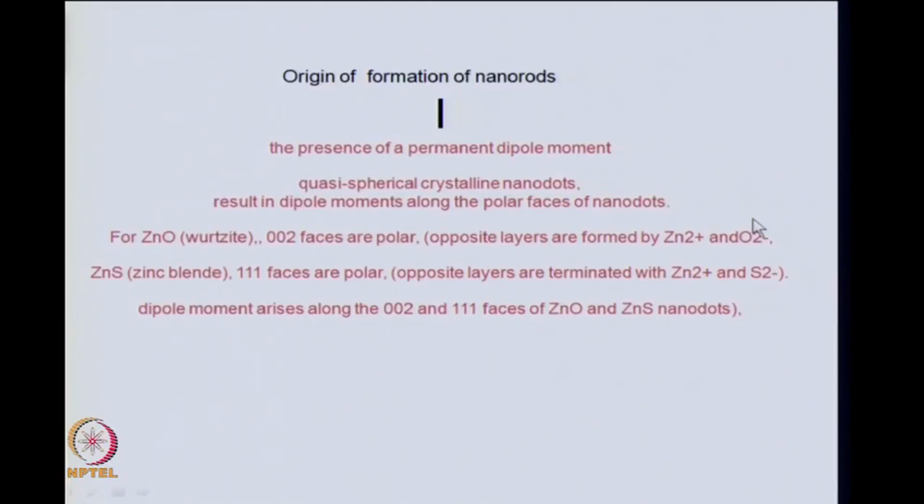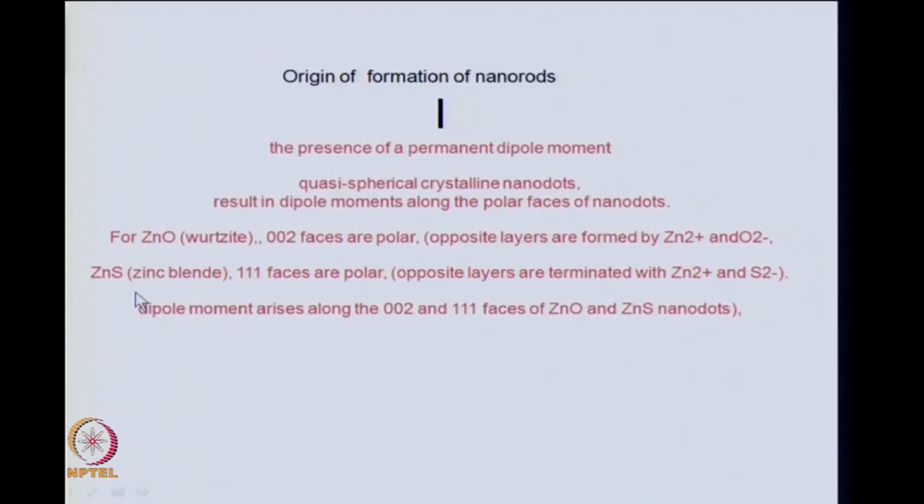Now, the next zinc 2 plus ion will come closer to the 002 face which is negative, that is, which has oxide ions terminating the surface, and this way the process is continued by oriented attachment led by this permanent dipole moment, which is present in these polar systems.